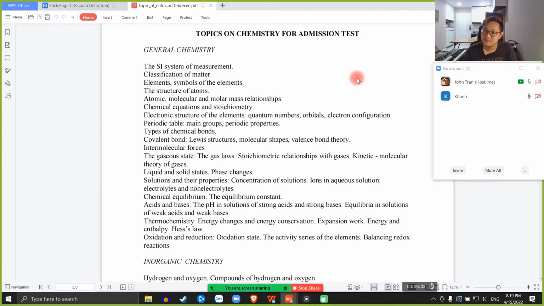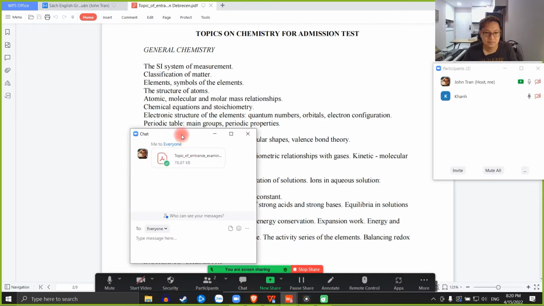Each proton contains a +1 charge, while electrons contain a -1 charge. And the neutrons are uncharged. Right. So what happens when the numbers of protons and electrons are not equal? When the numbers of protons and electrons are not equal, it creates ions.